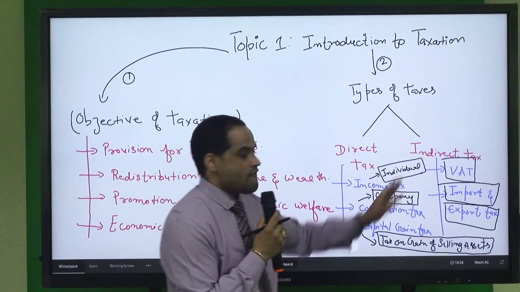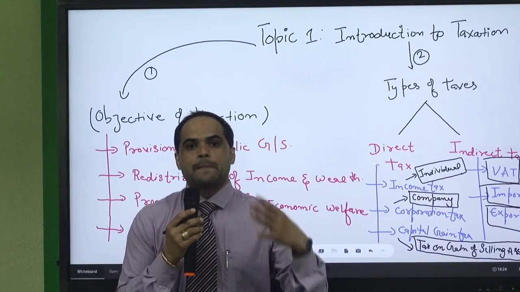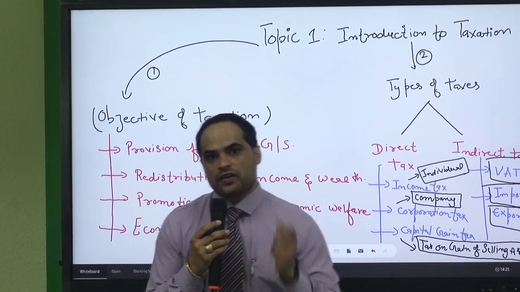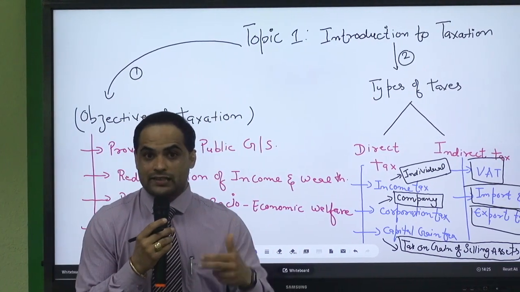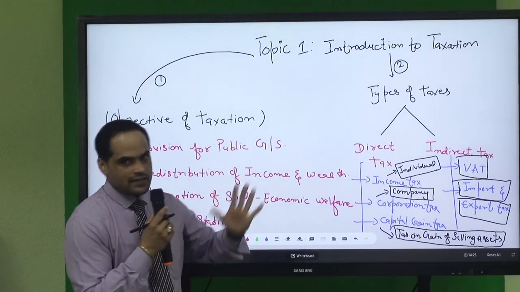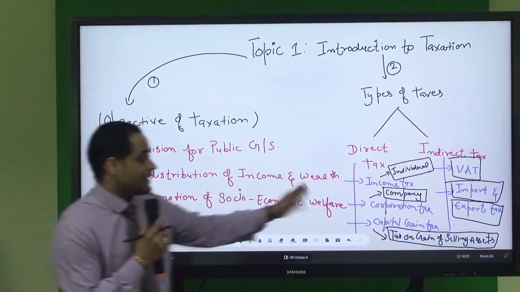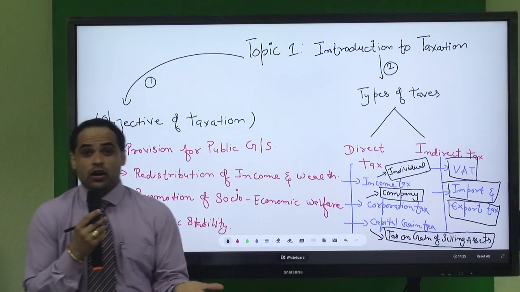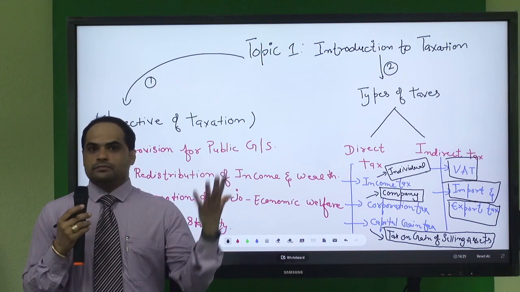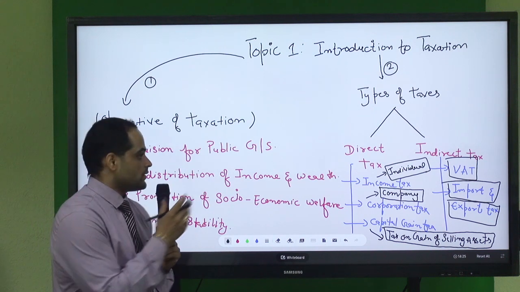But everybody has to pay tax because everybody buys products and services from different kinds of companies. So that's why we have to pay tax on it. Not everybody has to pay income tax or capital gain tax. If you are not making any kind of income, then you don't have to pay income tax. So that's the basic thing about types of taxes.